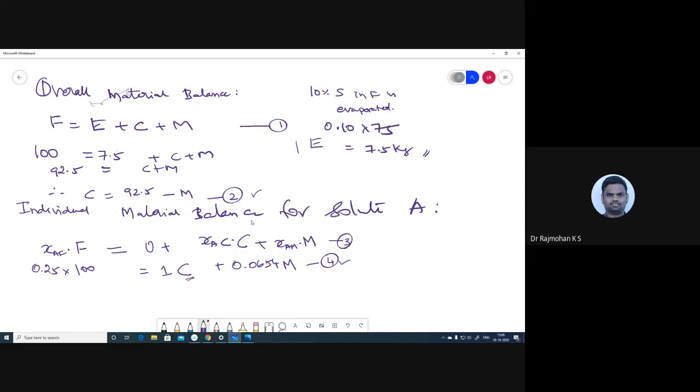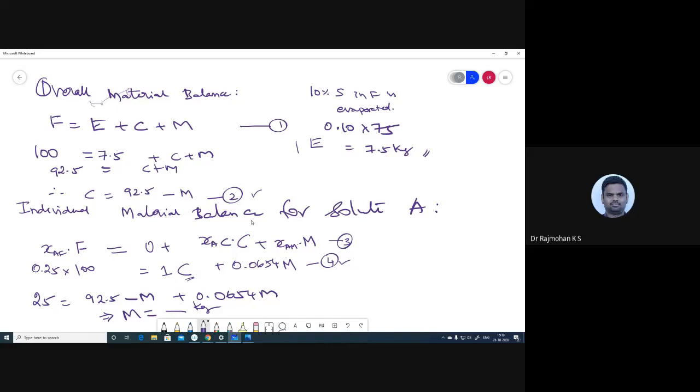For this value of C, we can substitute 92.5 minus M. So the left hand side is 25, equal to C, which is 92.5 minus M, plus 0.0654 M. Solving this equation, simplification gives us the M value, the mother liquor amount in kg.